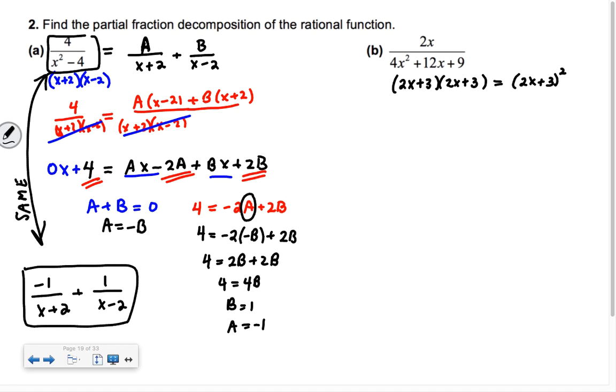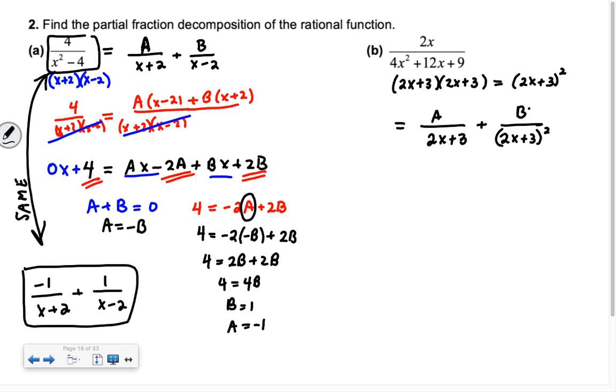When we break it apart, we're going to have a 2x plus 3 and a 2x plus 3 squared. And on top, we're going to have a, and you could do bx plus c, but every single time you do that, you'll see that b will be 0. So it's really just plus b. So we don't do bx plus c.